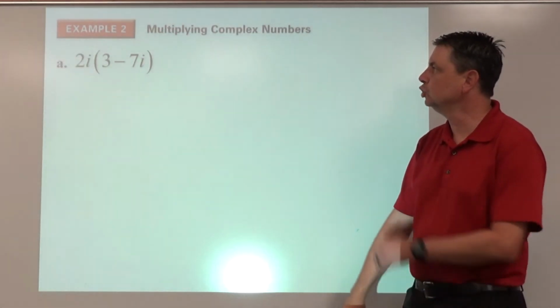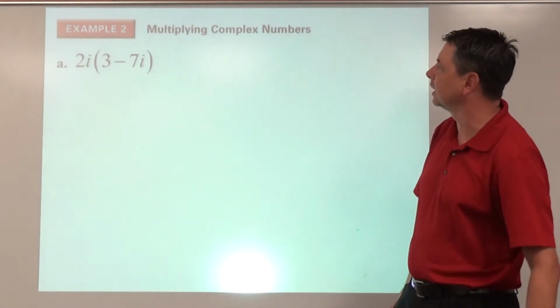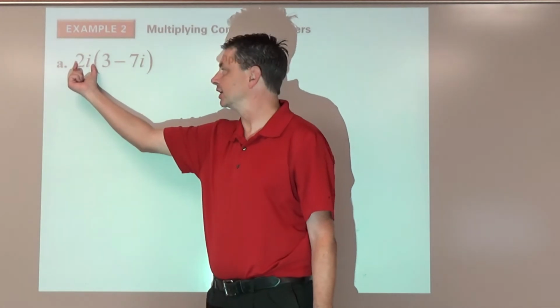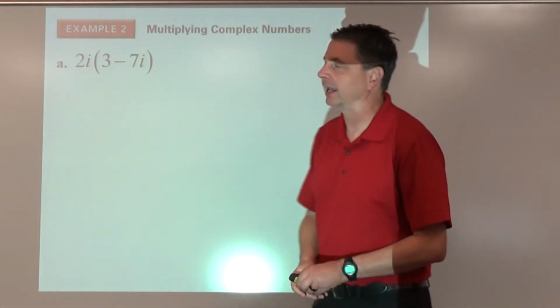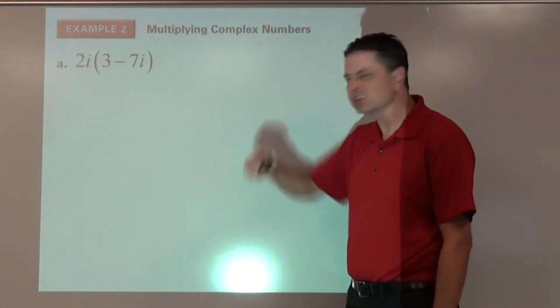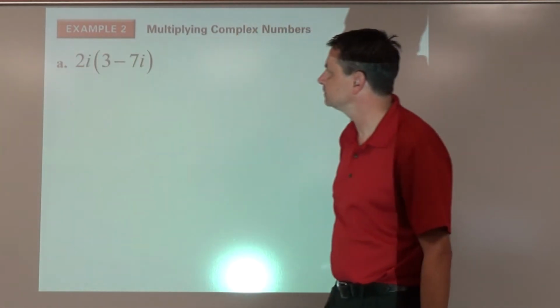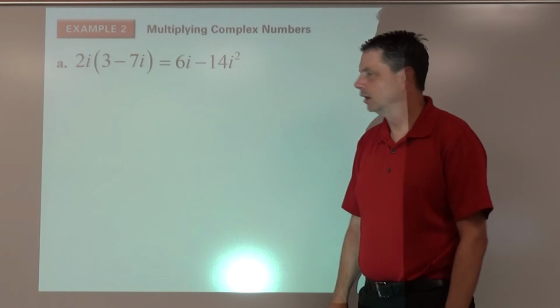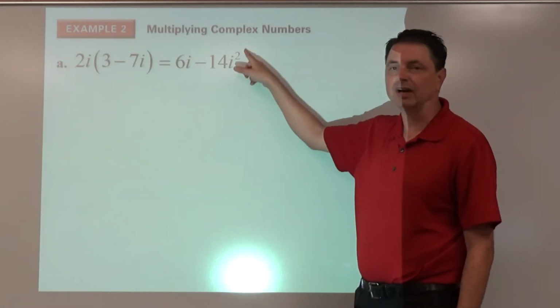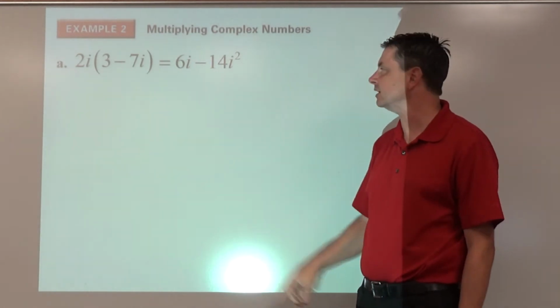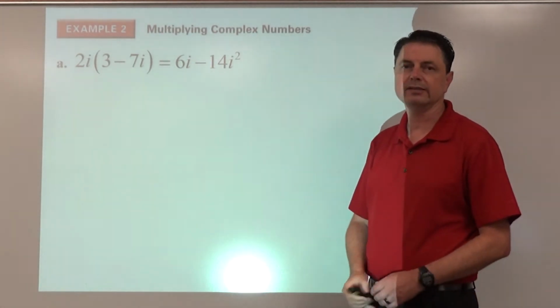All right, example 2, a little bit more fun, multiplying complex numbers. We have a purely imaginary number multiplied by an imaginary number. So we'll just go ahead and distribute. Okay, so multiply, multiply. That's not standard form. We're not allowed to have i squared, so go back to what we know about i squared and replace it. i squared is negative 1.